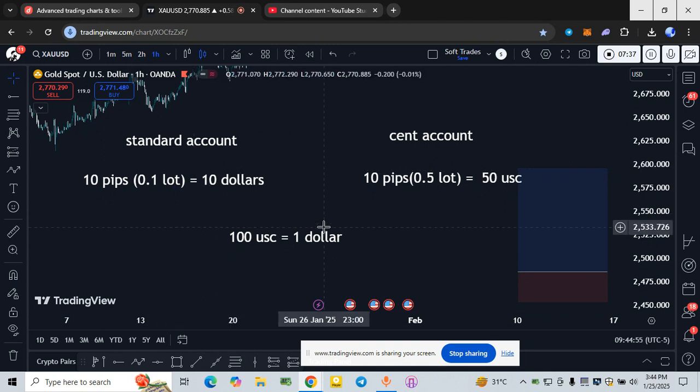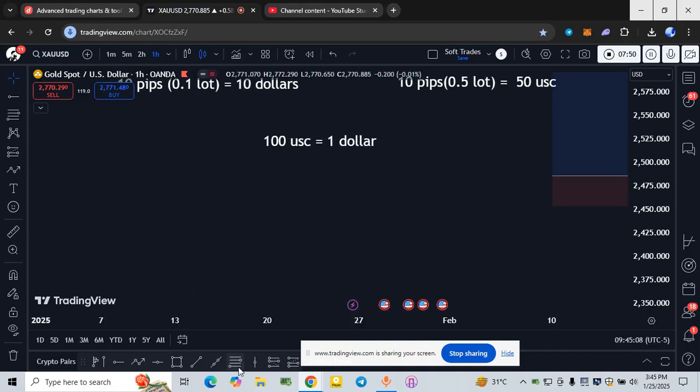The only thing is that any amount you are earning here in USC should be divided by 100 to give you the actual value in dollars. So let's say, for example, you took a trade and you made 400 USC. For you to know the actual amount in dollars, you just have to divide that 400 USC by 100.